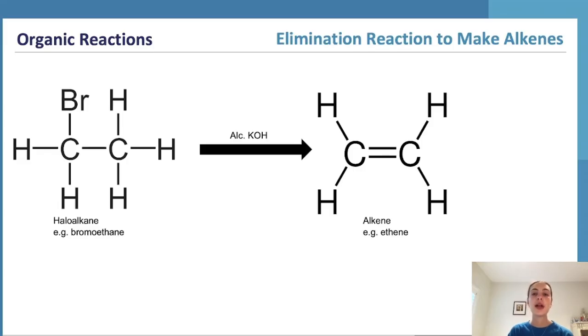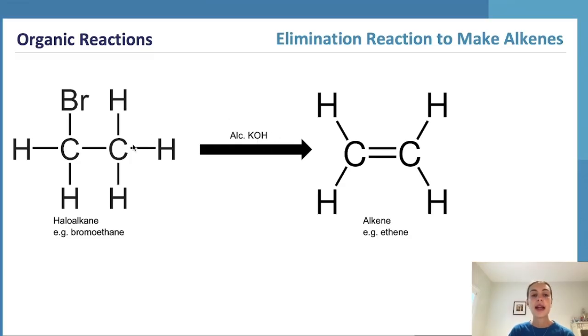We can also undergo an elimination reaction to form alkenes. So this is like reversing our addition reaction. So we can start off with a haloalkane, and we can use potassium hydroxide in alcohol.